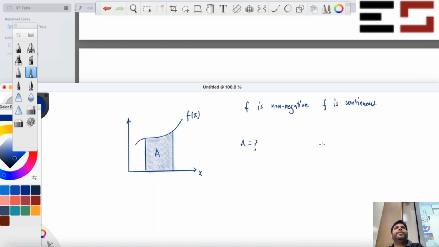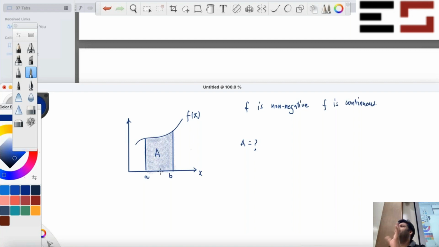That's the question mark, that's the question that I want to answer now. Is that okay? So we have a continuous, non-negative function f, and I want to find the area below this function above the horizontal axis, between a and b, where a is this, b is this. So let's see how to do this.